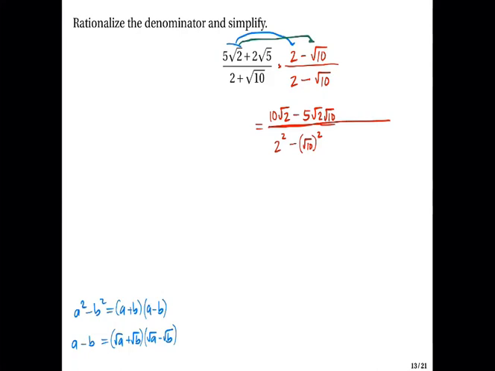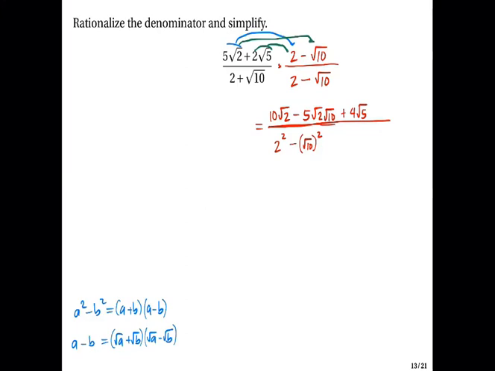Okay? And then next, here you have 2 square root of 2 multiplied to 2. So 2 square root of 5 multiplied to 2. Okay? So 2 square root of 5 times 2, that becomes plus 4 square root of 5.